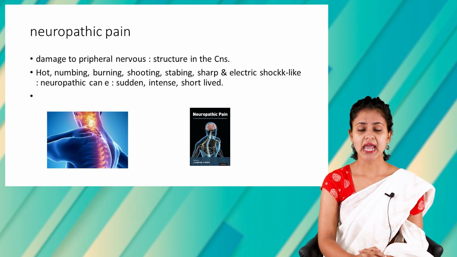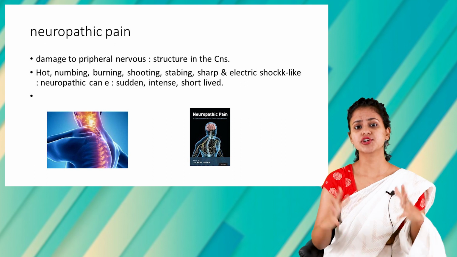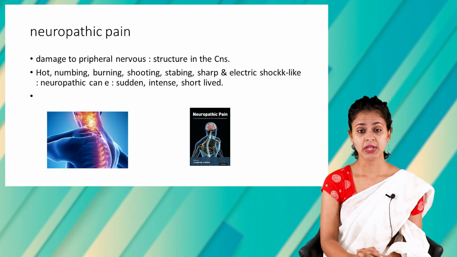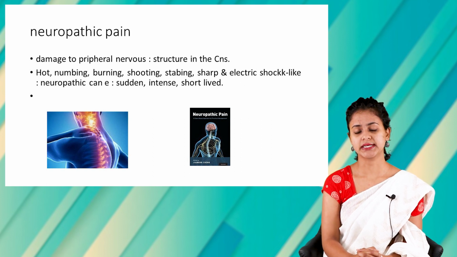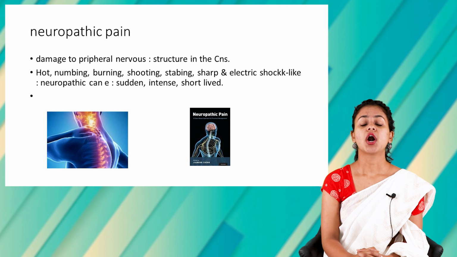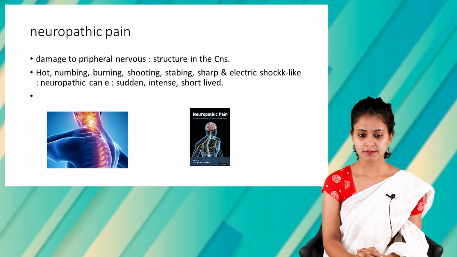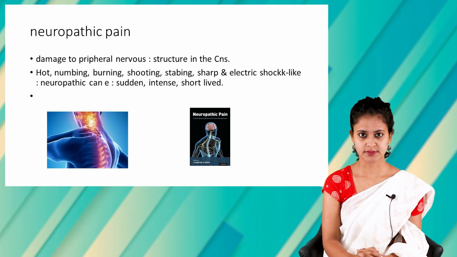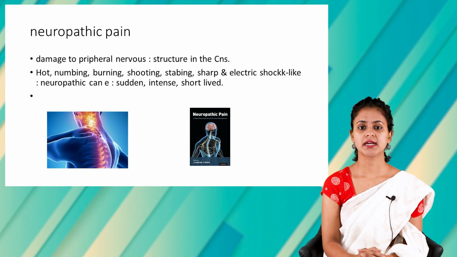Burning, shooting, and stabbing are the major common features seen in neuropathic pain. Sometimes a person can complain of a very sharp, electrical shock-like sensation in the injured part. Neuropathic pain can be sudden, intense in onset, and even short-lived. So I hope you have completely understood the concept of neuropathic pain now.